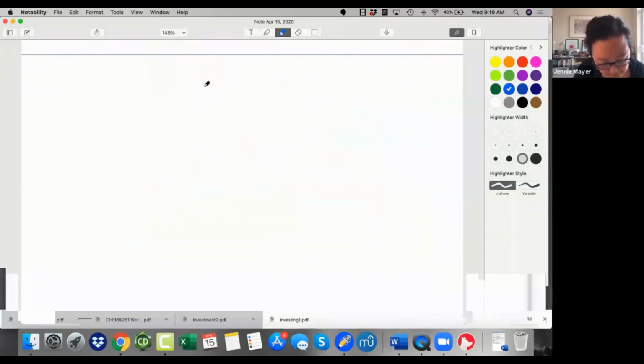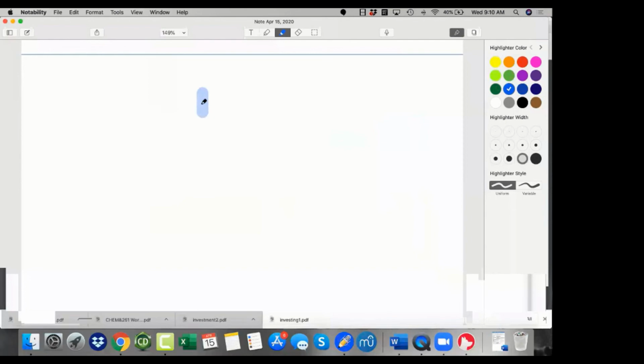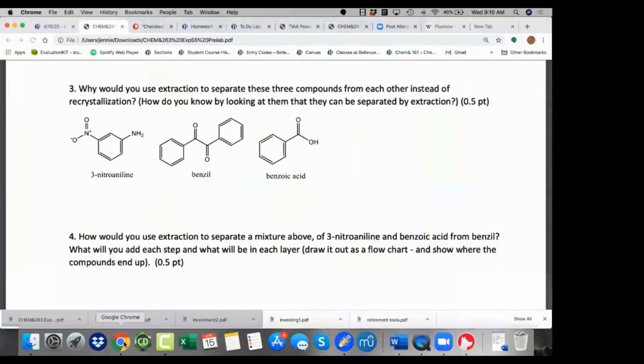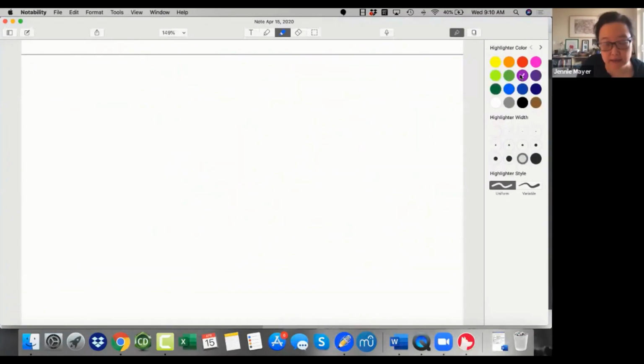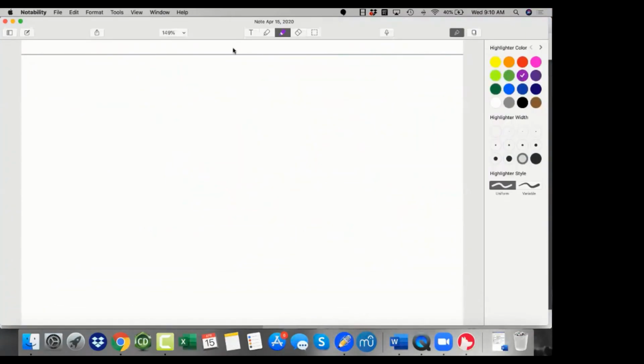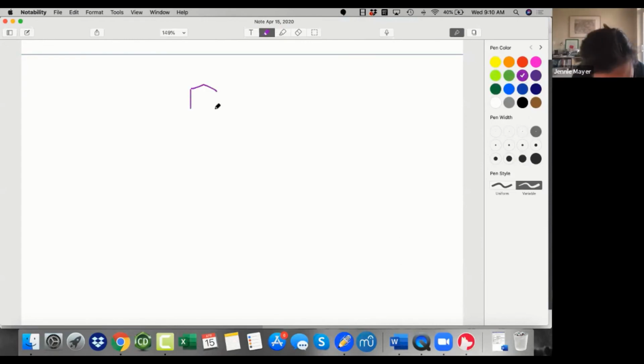Okay. What solvent were you using? Or were you just saying that they would be in different layers? Well, I also said that I would use the solvent. For benzyl, I was using acetone. Okay. So acetone is not a good solvent for extraction.